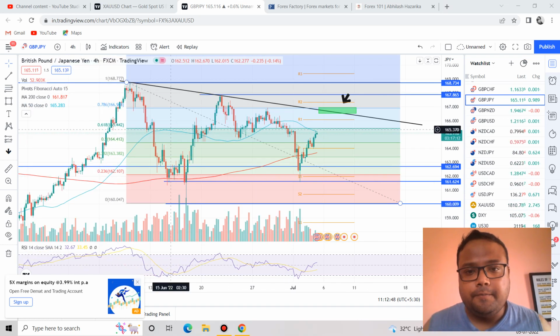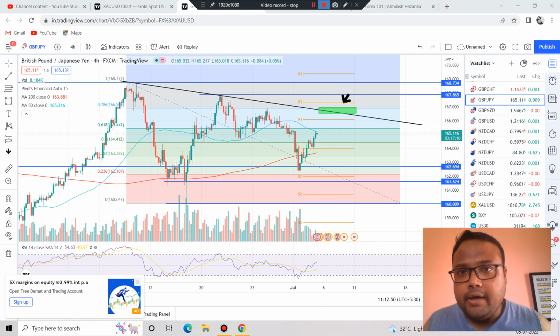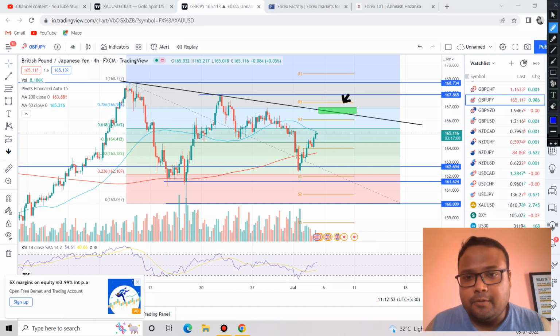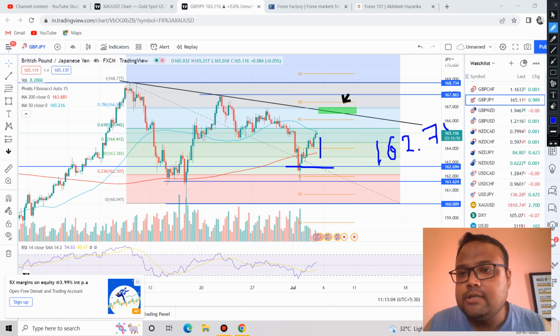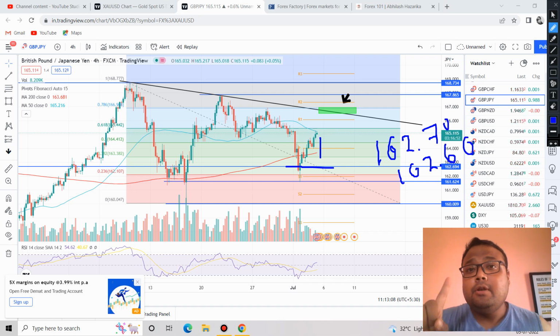First of all, if the market comes down, then the first support for GBPJPY will be 162.70 to 162.60. This will be your first support, and this is a support on the weekly chart. But my dear friend, I would like to mention that this support level is not a very strong one.